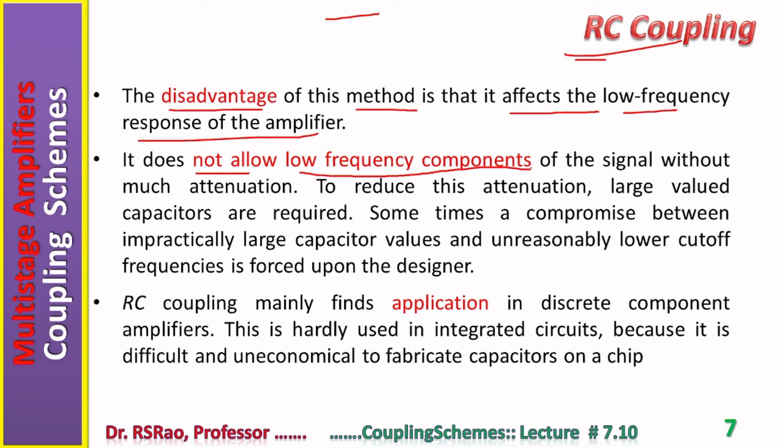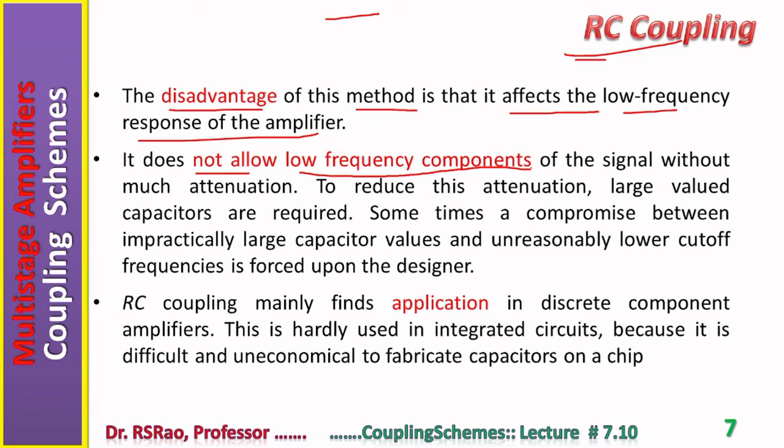Whereas low frequency components of the signal, they are attenuated, but the requirement is that frequencies of the signal should not be affected, whether lower frequencies or higher frequencies or middle frequencies. No frequency of the signal should be affected by the coupling scheme.